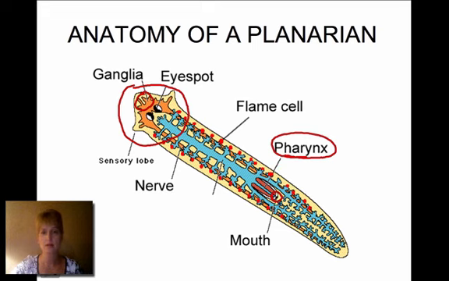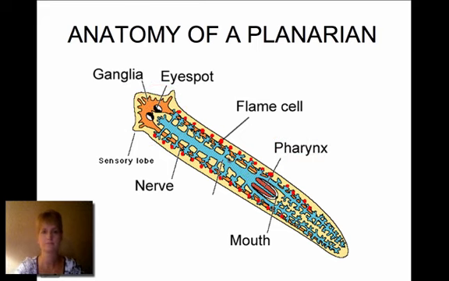The mouth is not located in the head region the way we're used to seeing, but we do see a mouth and a pharynx. A pharynx is what moves things from the mouth into the body. Once it moves these nutrients in here, there's really just this open gastrovascular cavity, so that's where the digestion is going to take place, but it's not very specialized in this organism.